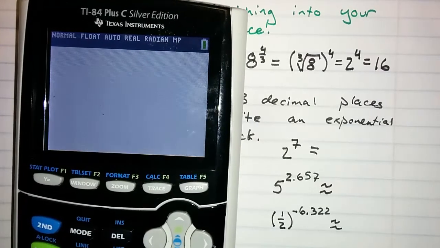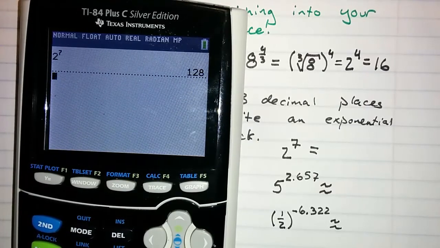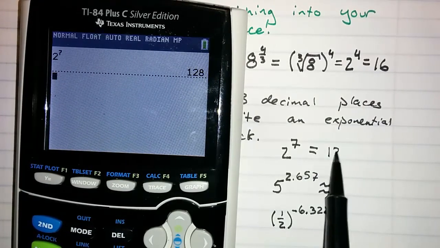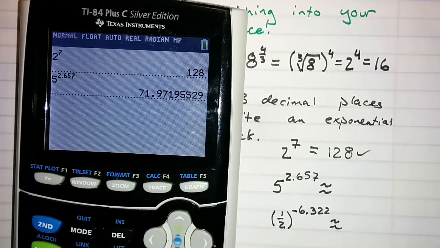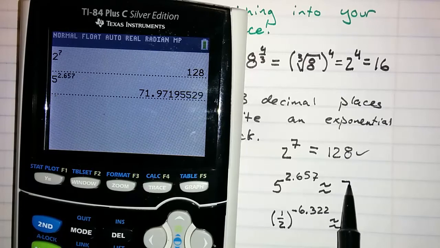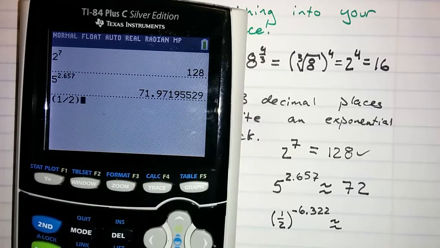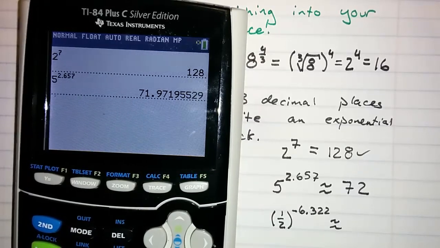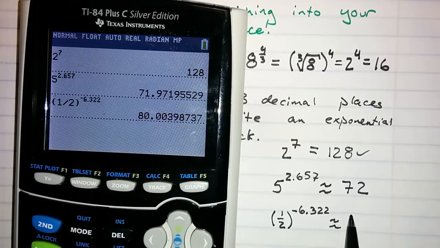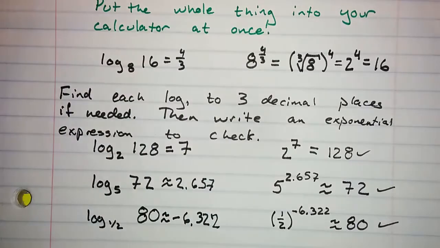So 2 to the 7th is exactly 128. 5 to the 2.657, yeah, that's pretty close to 72. And 1/2 to the negative 6.322, that's pretty close to 80. All 3 of those work out the way we hoped they would.